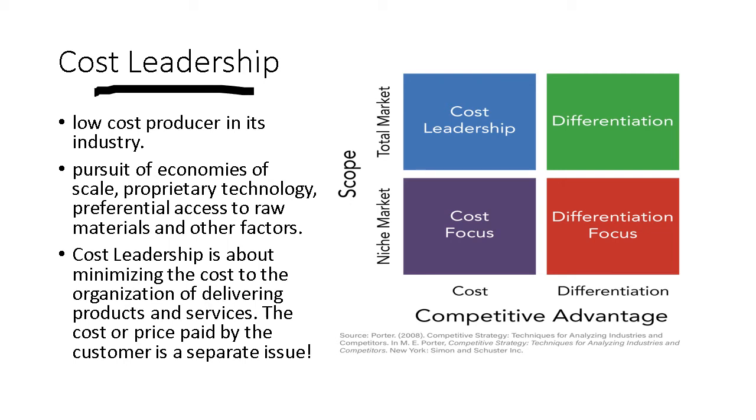So, those are your strategies in cost leadership. A low-cost producer must find and exploit all sources of cost advantage. If a firm can achieve and sustain overall cost leadership, then it will be an above average performer in its industry, provided it can command prices at or near the industry average.